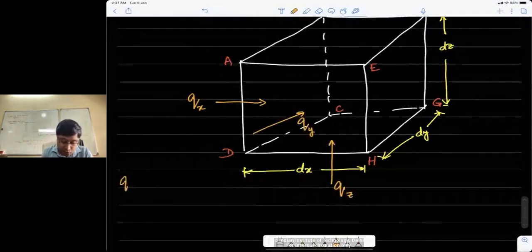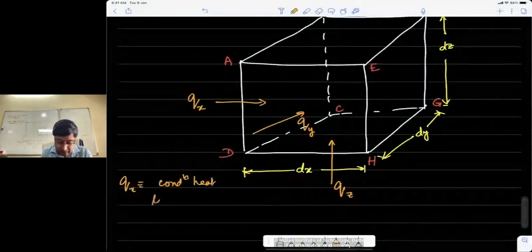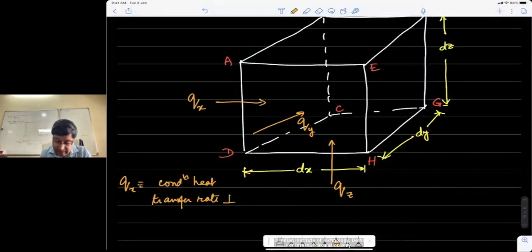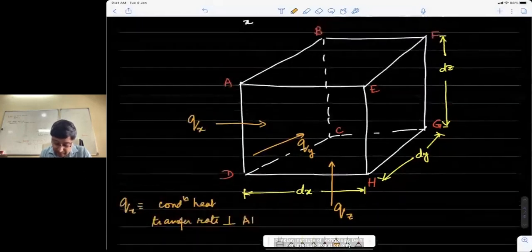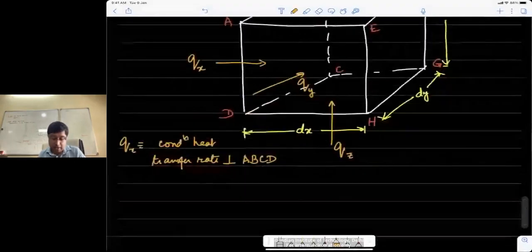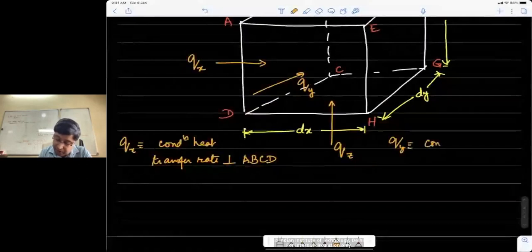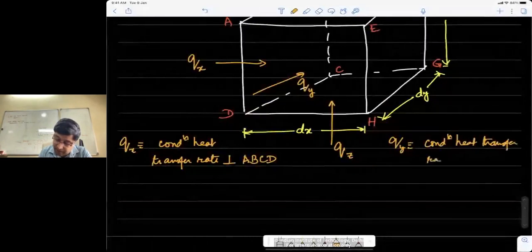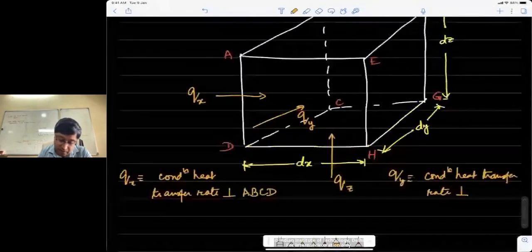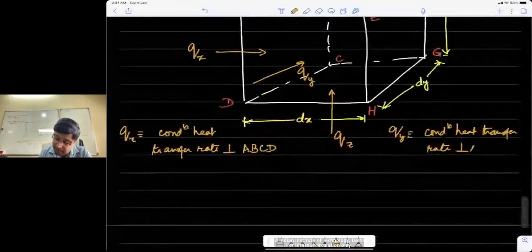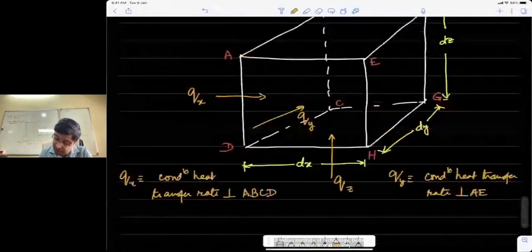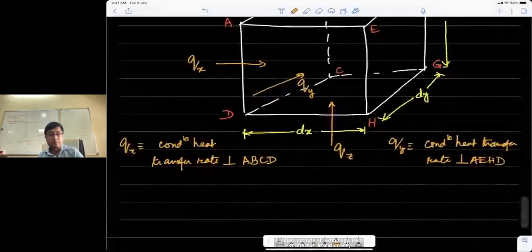So what it means is Qx is the conduction heat transfer rate, which is perpendicular to the face A, B, C, D. So Qx is conduction heat transfer rate perpendicular to ABCD. Qy will become conduction heat transfer rate, which is perpendicular to, this will be AEHD face.